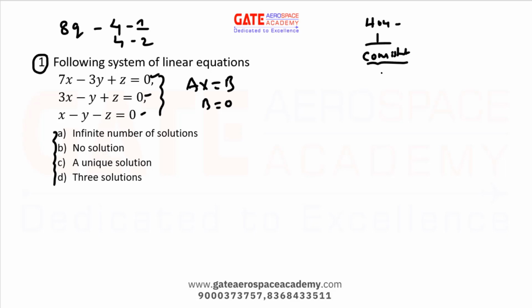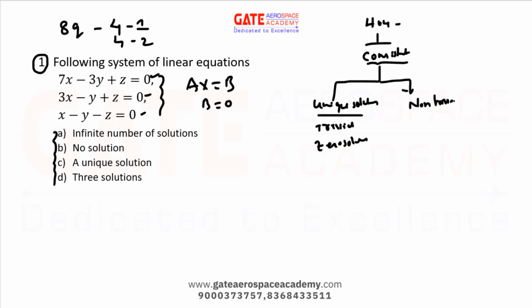Consistent means we will definitely have a solution, whether it is a unique solution, which we can call a trivial or zero solution, or a non-trivial solution, which is a non-zero solution, or infinite number of solutions.